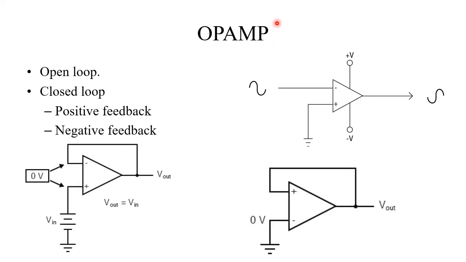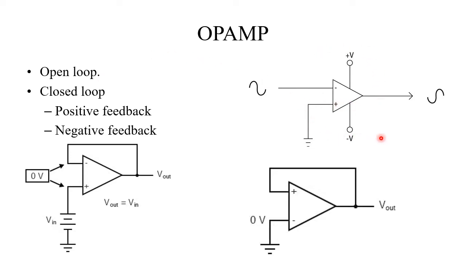The operational amplifiers can be connected in different ways for different applications. In general it will be in open loop, and then it can also be connected in a closed loop with positive feedback and negative feedback. If there is no feedback, then it is called the open loop configuration of the operational amplifier.